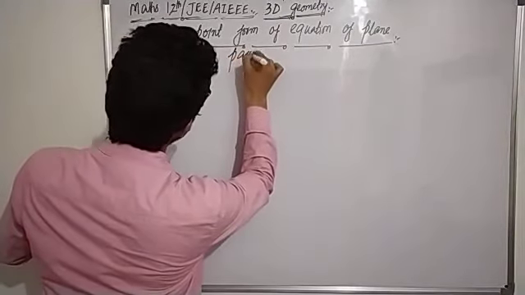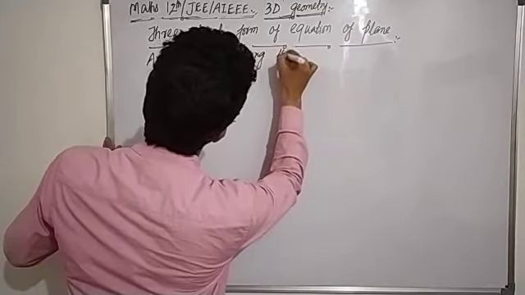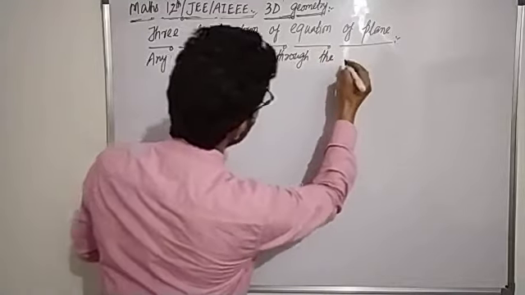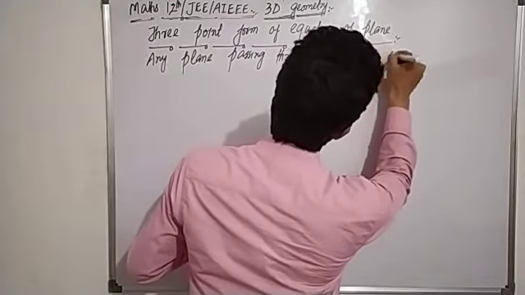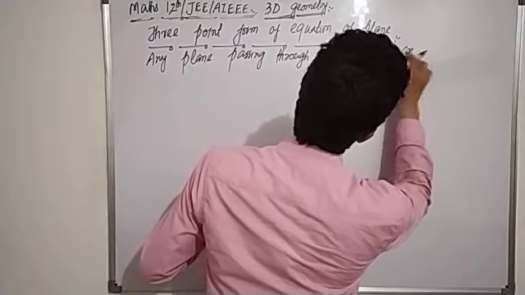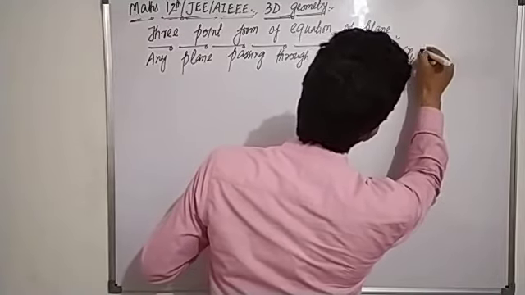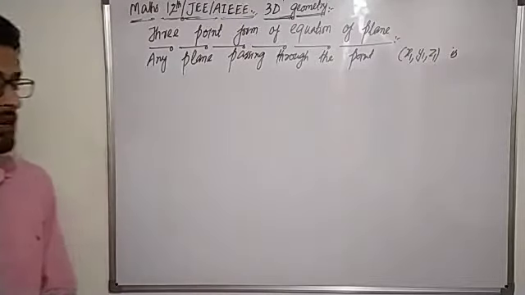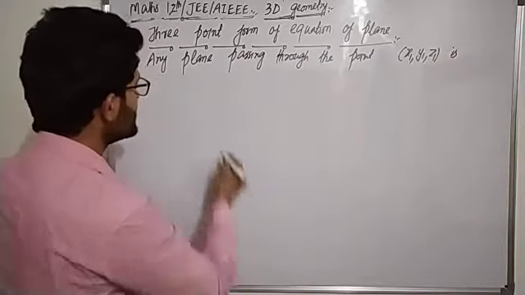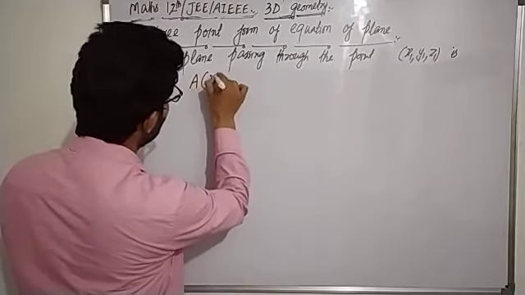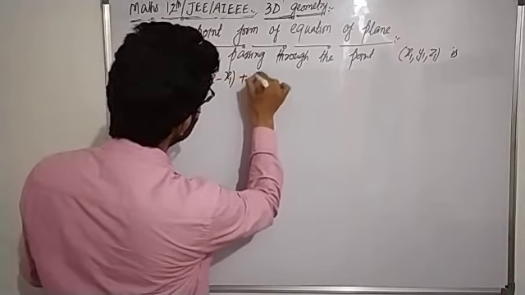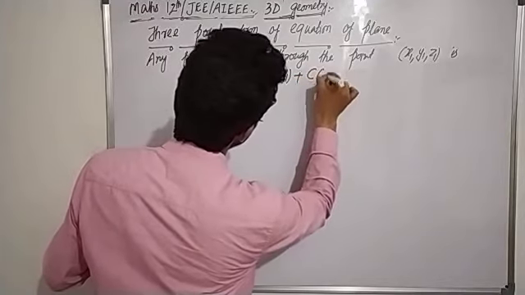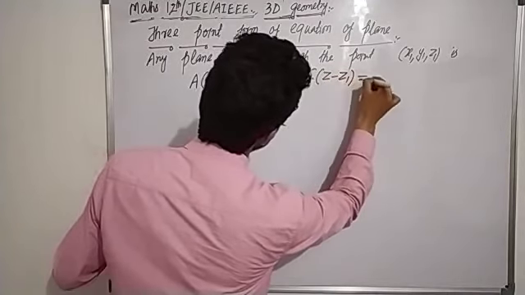Any plane passing through the point, कौन सा पॉइंट? x1, y1, z1, that is equation of a plane in 1 point form। कार्टेशियन फॉर्म में क्या होती है? a into x minus x1 plus b into y minus y1 plus c into z minus z1 is equal to 0.